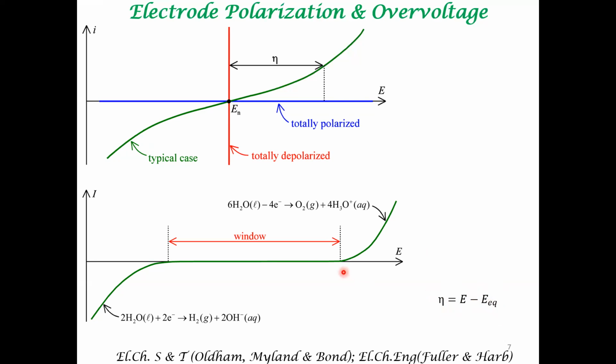So for oxygen evolution, there is a minimum overpotential that is required. It's often called the onset potential. There is a minimum overpotential that's required for oxygen evolution. Likewise, there is a minimum overpotential for hydrogen evolution. That is defined by the electrocatalytic properties of the electrode. So these are a lot of words.